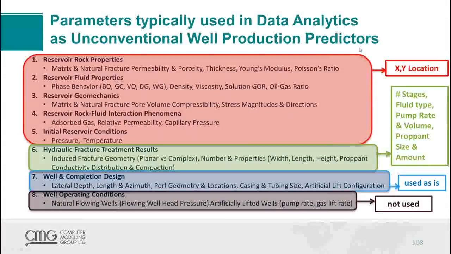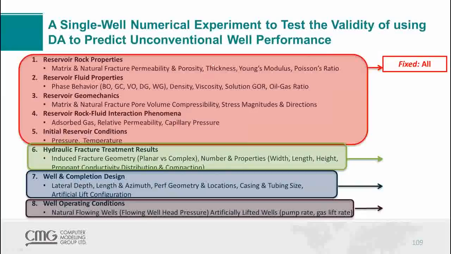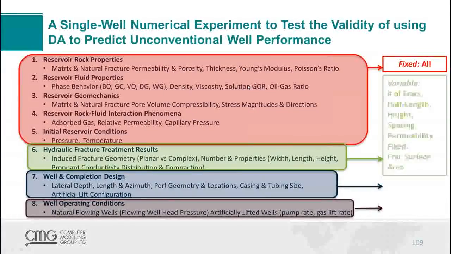So I wanted to create a case that would give us a sense of what the impact would be by ignoring the 5 items in the XY location property and the number 8 item here, and also the fact that the same amount of fluid and proppant pumped can create widely different distributions of fracture properties. So here's what I did. I created a case with fixed properties for all 5 of the items in that red box.